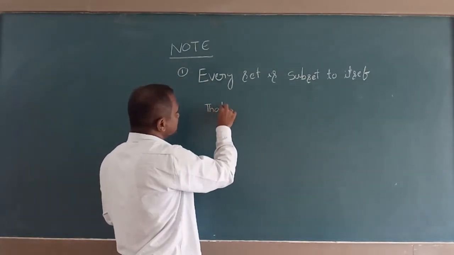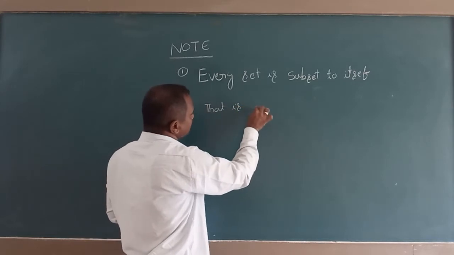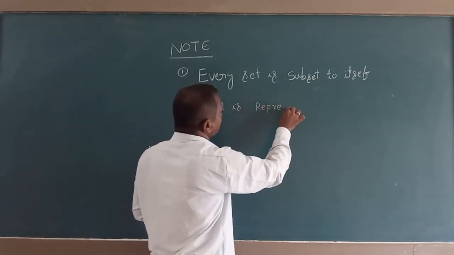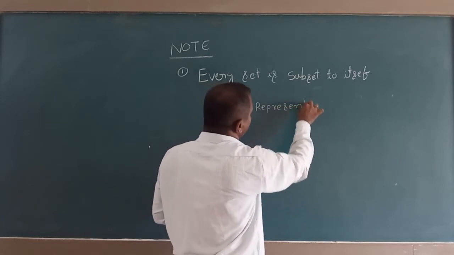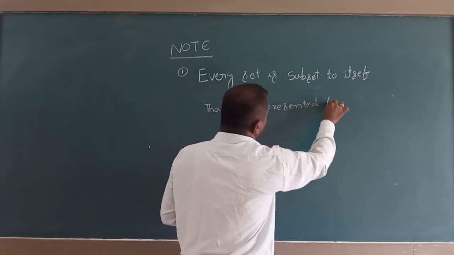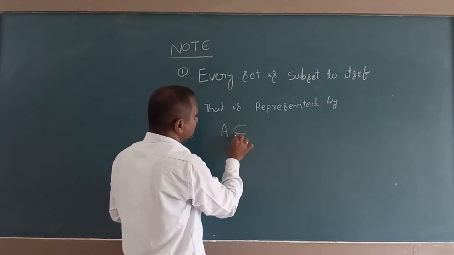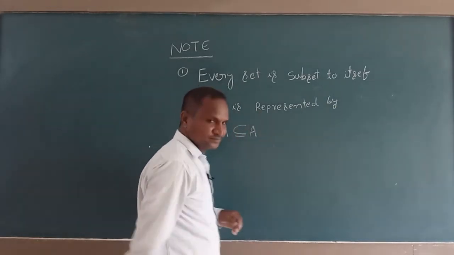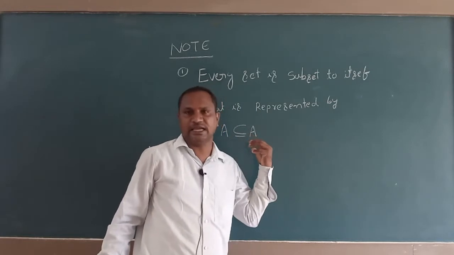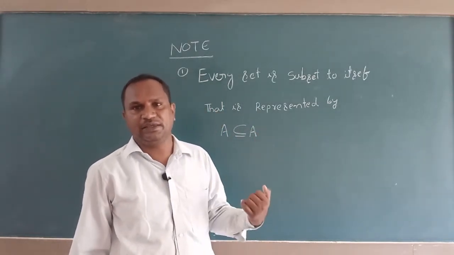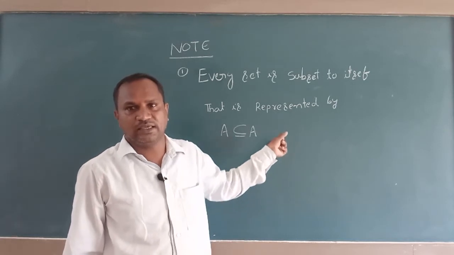That is represented by A is a subset or equal to A. Like A, you can consider capital A: A is a subset of or equal to A. Or you can consider set B: B is a subset of B.